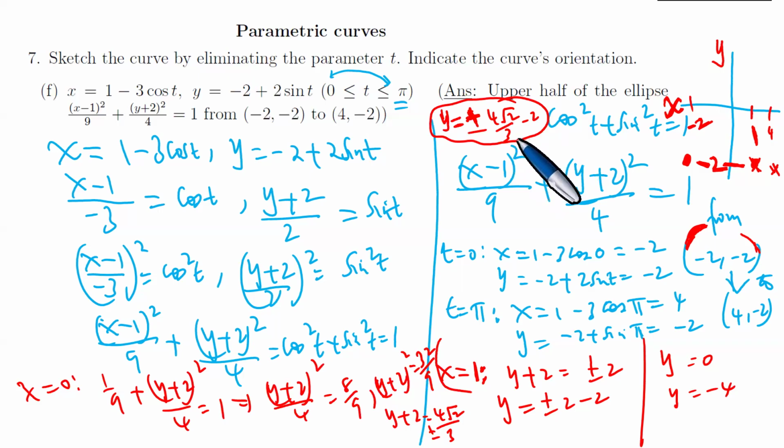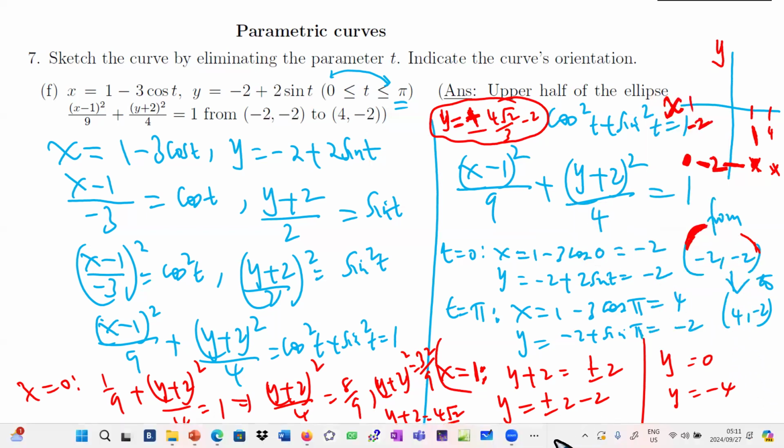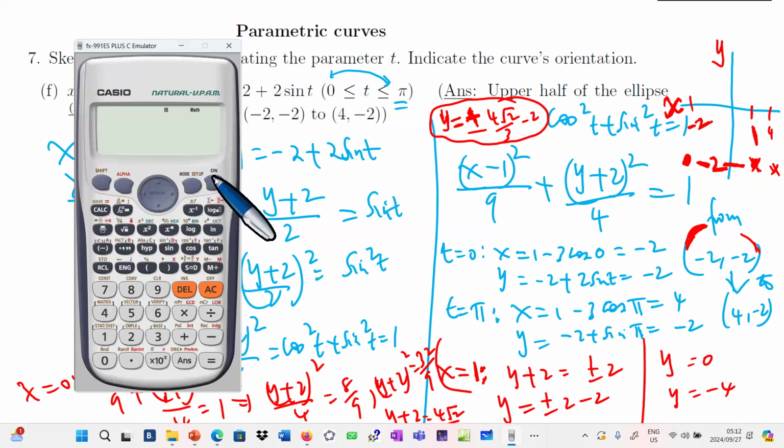So y is going to be like a minus 3. So it's going to cut at y equals minus 3, but also at the following. Let's use a calculator just to get a better sense.